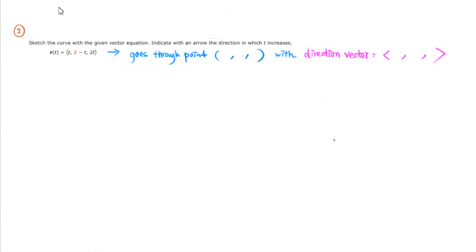1, negative 1, 2. So what does it mean? If the vector starts at the origin, it goes 1 unit in the x direction, negative 1 unit in the y direction, and 2 units in the z direction.